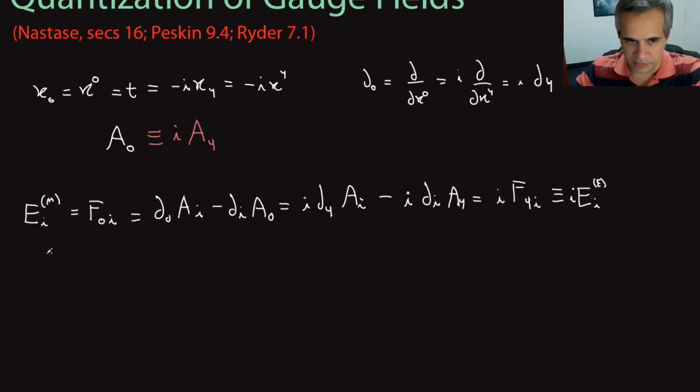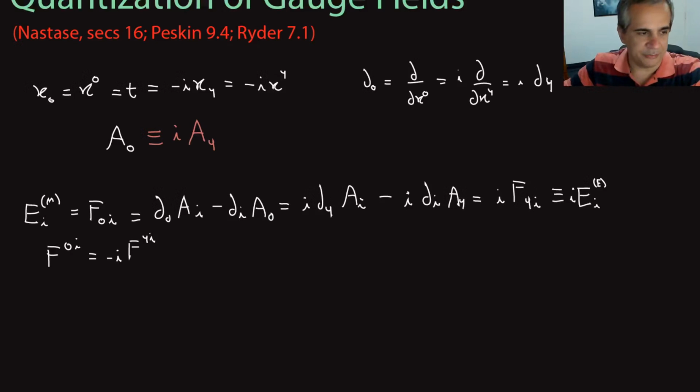And of course, using these, I can write that F0i is minus i F4i. All you have to do is do the same with the indexes up, right?